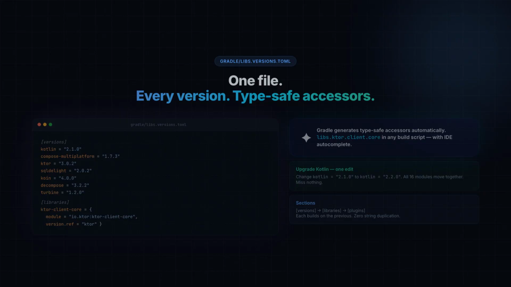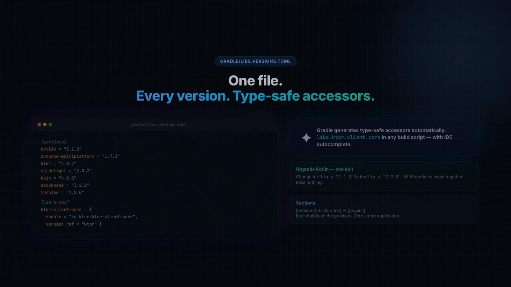Kotlin 2.1, Compose Multiplatform 1.3, Ktor 3.0.2, SQLDelight 2.0.2, Koin 4.0. Every build script reads from here, none of them hardcode a string. When you upgrade Kotlin, you change one line in this file, and the entire project moves together.